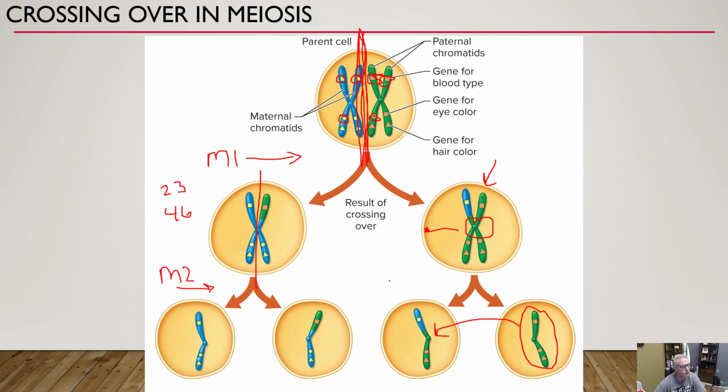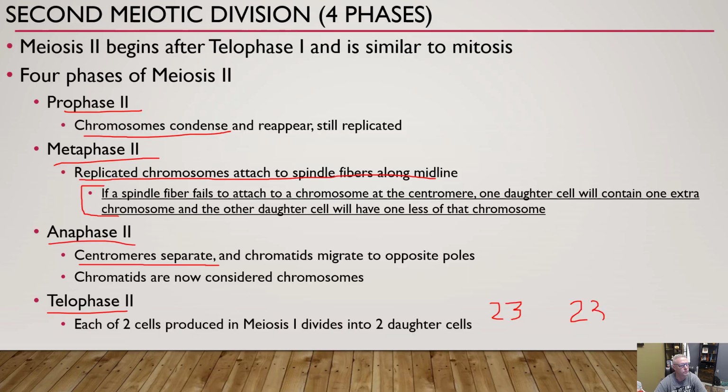So this cell would have an additional chromosome, and this cell would have one less chromosome. We'll get into different scenarios of what would happen as a result of this as we progress through the lecture.